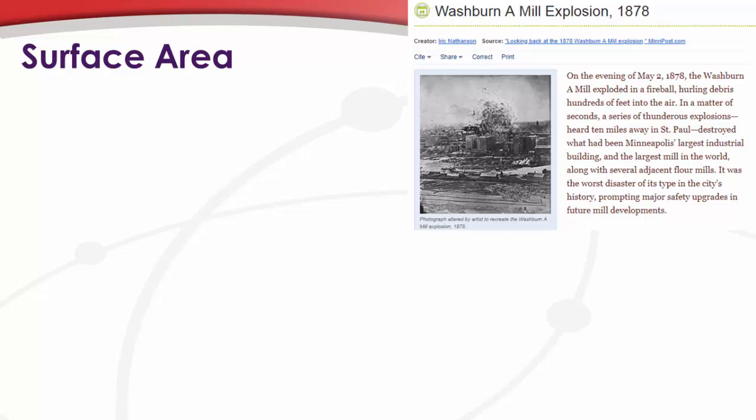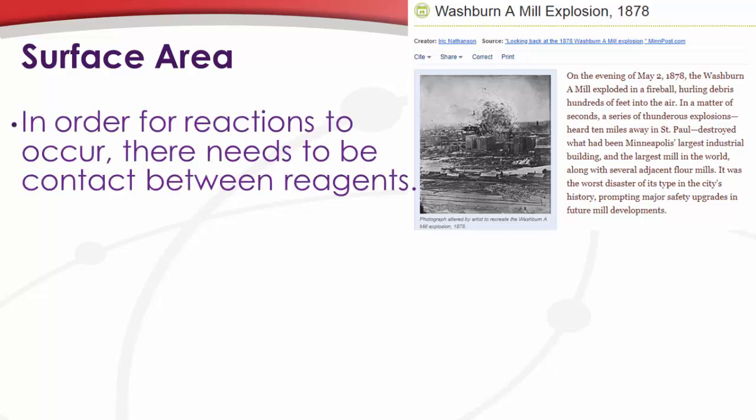Now, the reason why flour could become explosive was because its surface area is so high when it is ground very fine. And this goes back to this idea of contact between reagents.